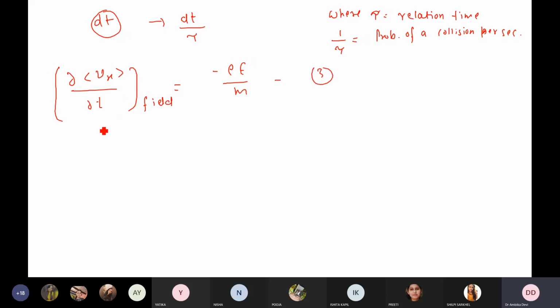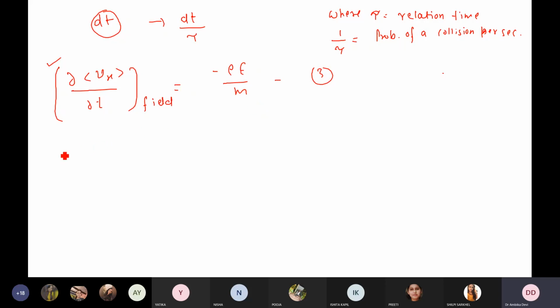Also, the rate of change of velocity due to collisions with the lattice alone. This is only one part. When you apply the external electric field, the electrons drift, but the movement of the electrons is also there because of the collisions.